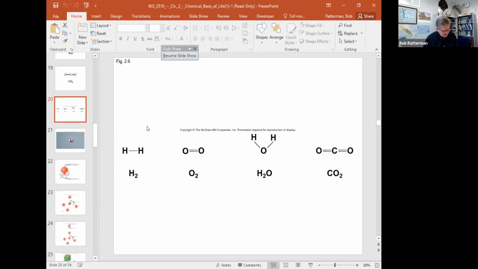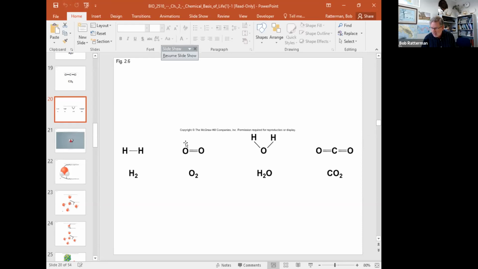On page 66, at the bottom of the right-hand column, they talk about structural formulas, where they're depicting single lines between elements like the two hydrogens. This is a single covalent bond.